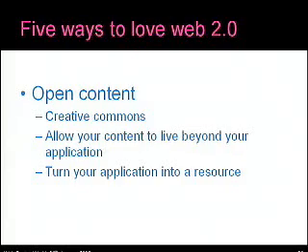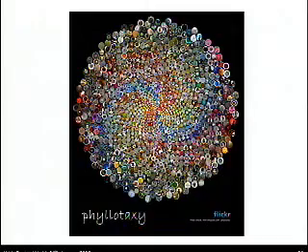And having open content allows people to create products like this series of posters done by one of our users, taking Flickr photos and putting them into posters and then selling them. All of these photos were Creative Commons licensed, and they're all out of a group called Circle Squared, who are people who take photos of circular things.